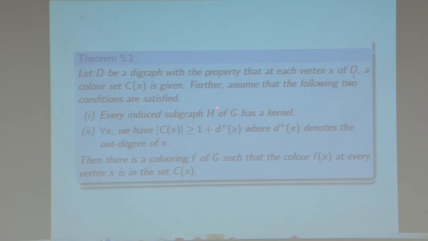Suppose every induced subgraph of G has a kernel, and for all x, the number of colors given at that vertex is 1 plus the out degree at x. Then there is a coloring f of G such that at every vertex f(x) belongs to C(x) and f is a proper coloring.